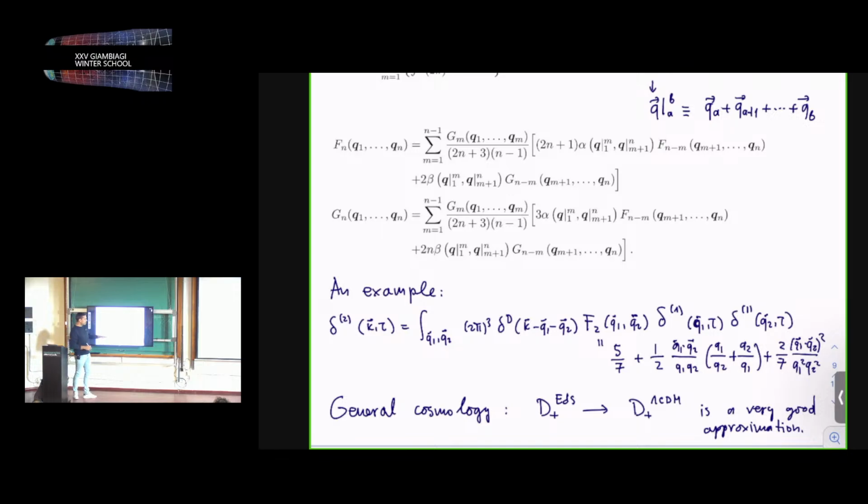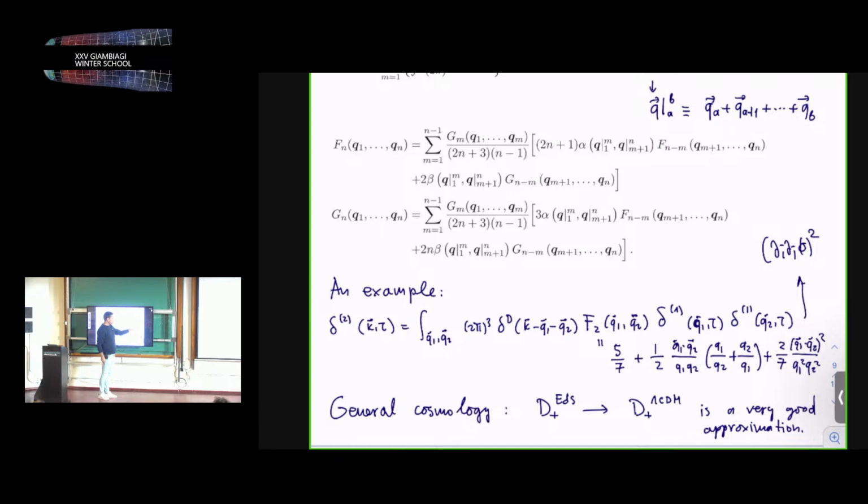I call this the tidal term because if you go back to real space, you can see that it comes from something like d_i d_j phi squared. If you have two derivatives of phi, this is the Poisson equation, basically delta: a Laplacian of phi is delta. So delta squared would be the constant term. But at the same order in derivatives, you may also construct at second order such objects, d_i d_j phi squared.